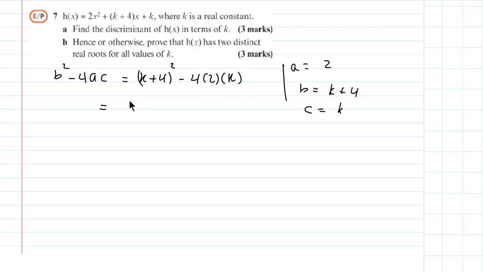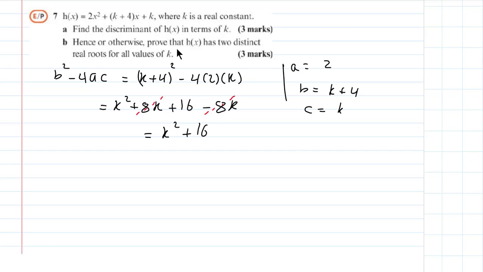So it will be k squared plus 2 times first times second, plus 8k, plus 16, minus 8k. Nice. We can simplify negative 8k with positive 8k. So the discriminant should be k squared plus 16.